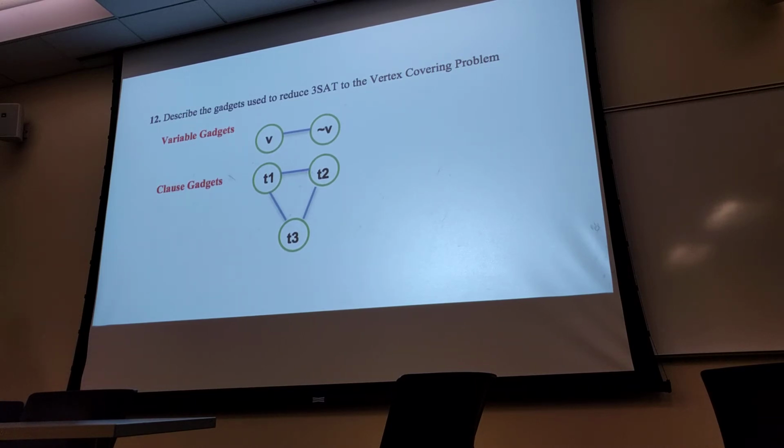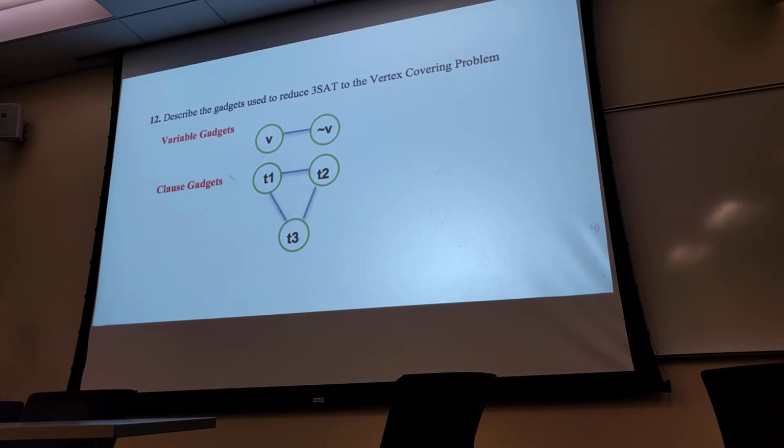The first one is the gadget you're trying to basically minimize, and even though the problem is not presented as a minimization problem, you're given a value that is the minimum possible that you could ever do with this. And the value is the number of variables plus 2 times the number of clauses.